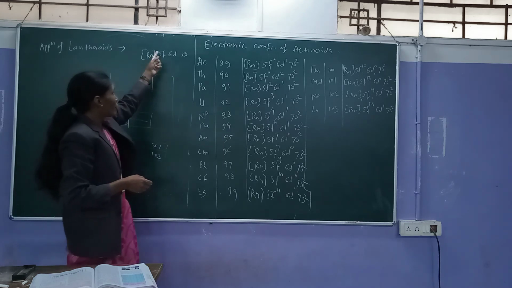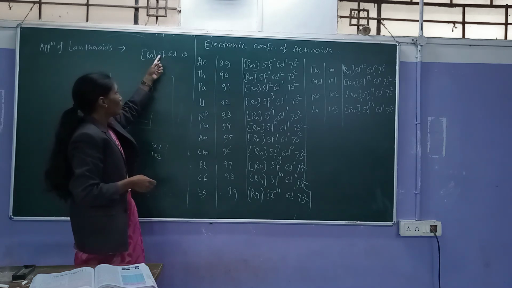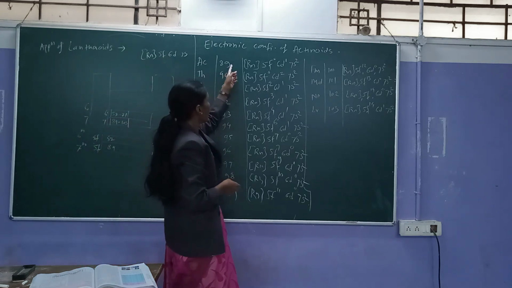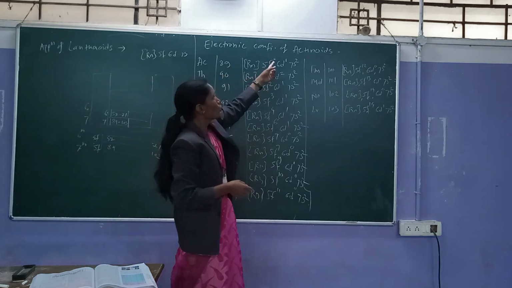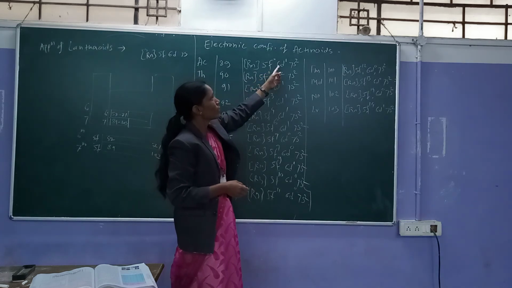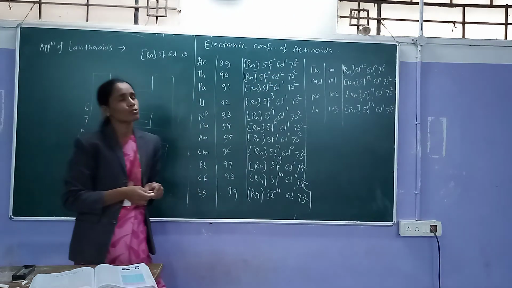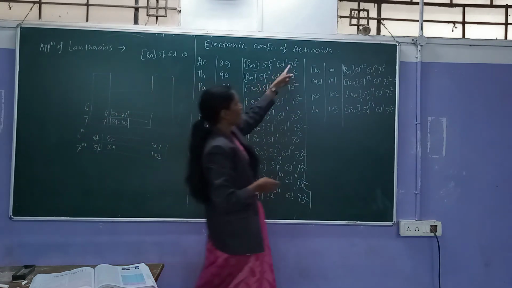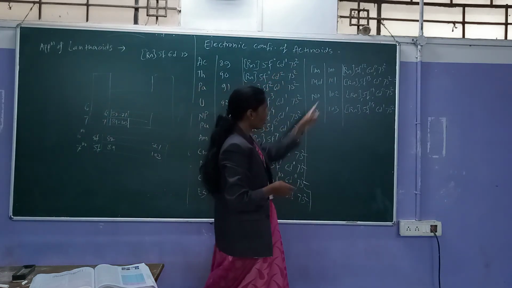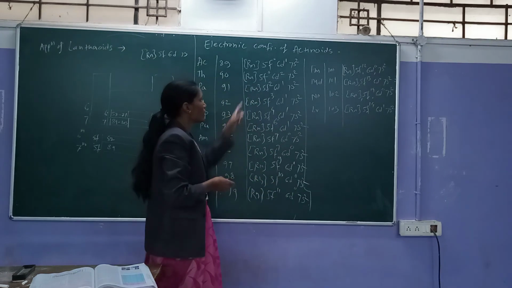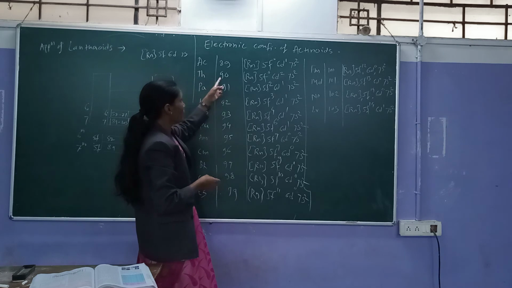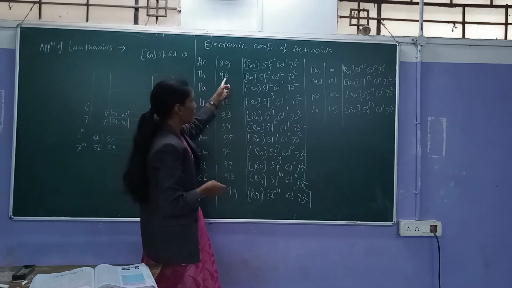Then the electrons enter 5f, 6d and 7s. Here in actinium, 5f0, since the last electron enters the 6d, it behaves like a d block element, and 7s2 is common to all configurations; only 5f and 6d change. Second, thorium, atomic number 90.